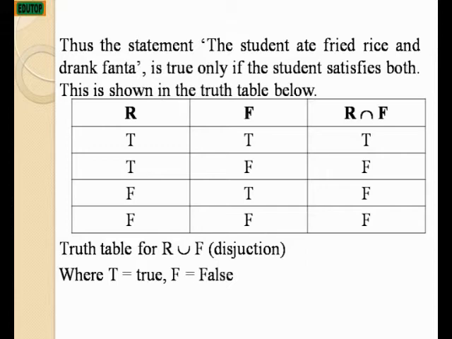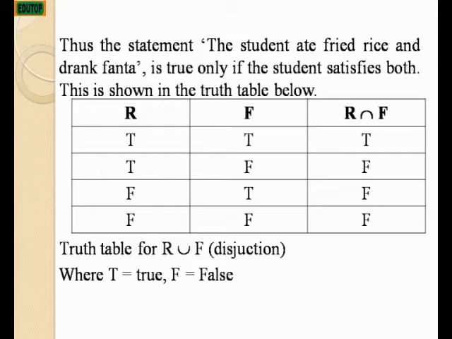This is shown in the truth table below. We have the column of those that ate fried rice, the column of those that drank Fanta, and then the column of those that ate fried rice and also drank Fanta.